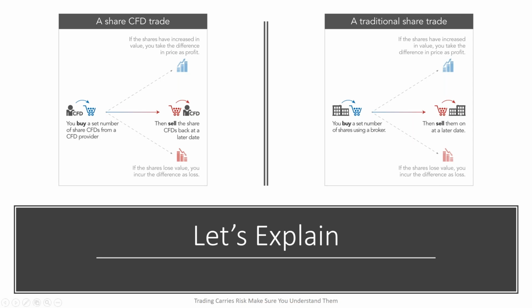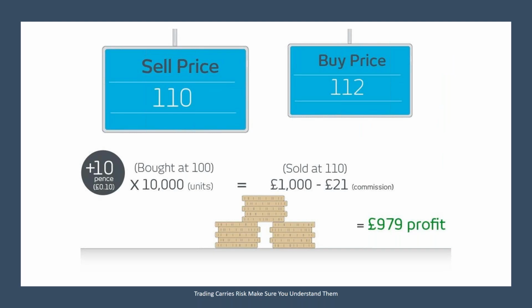So basically, if you bought a traditional share or you bought a CFD, the process is almost the same, except you're buying at the price or selling at the price. You're doing it through your broker, and you suffer the same consequence. If the shares move up, you make the same amount of profit, and if the shares move down, you have the same amount of loss.